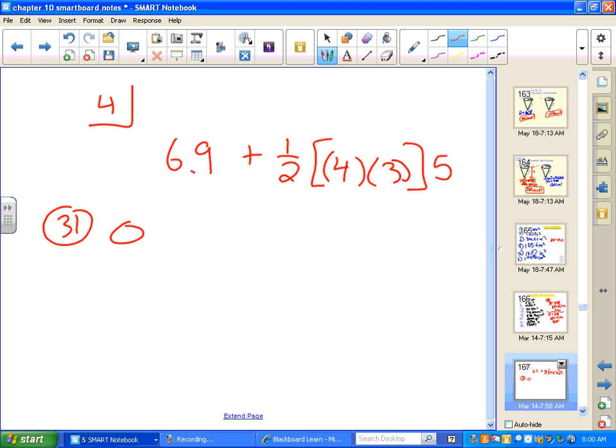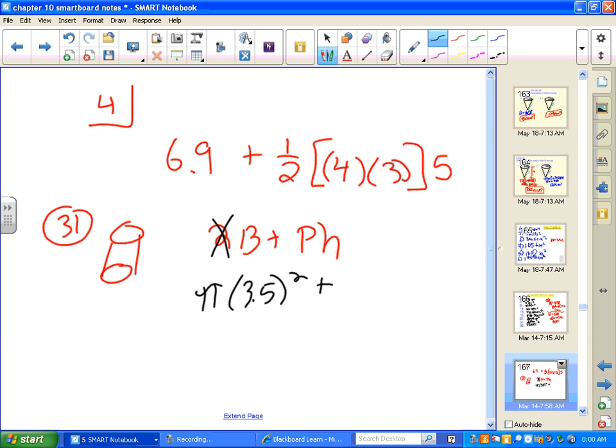Let me just go over the cylinder for you in 31. So we have 2B plus PH, okay? Ignore the 2 because since it's a complicated polyhedron, you ignore the top base. I'm guessing maybe that's why. So anyways, you have pi times 3.5 squared plus, P is really the C, pi times 7 times 5.